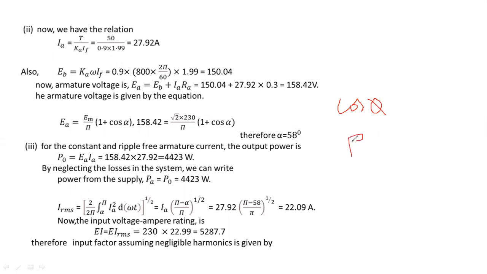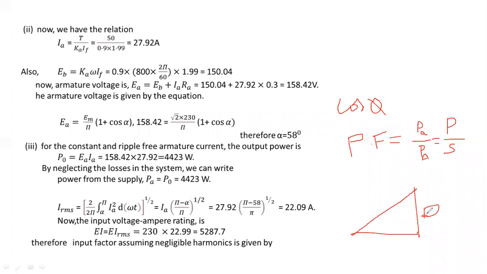Or power factor can also be calculated as active power by apparent power. Active power is capital P, apparent power is simply S. You know the power triangle. So this is the power triangle.